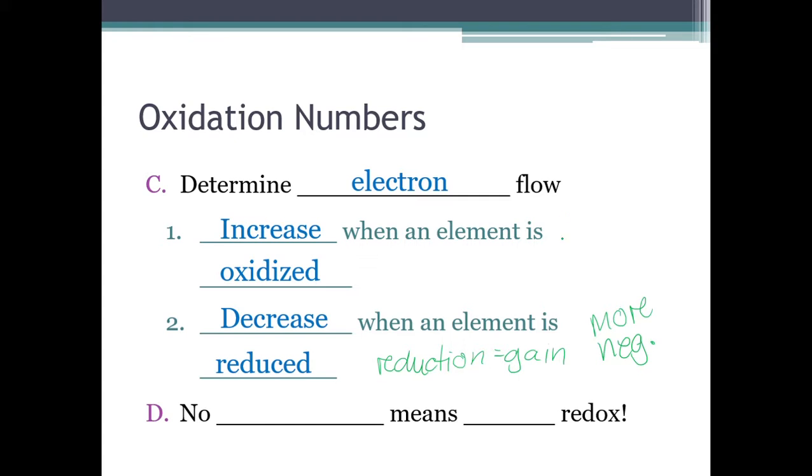Versus when you're oxidizing, the oxidation number is increasing. It's getting more positive. And again, if you think about this in terms of the electrons, that theoretically should make sense. If you are gaining electrons and electrons are negative, you are becoming more negative. This is just like forming ions. More electrons, more negative.